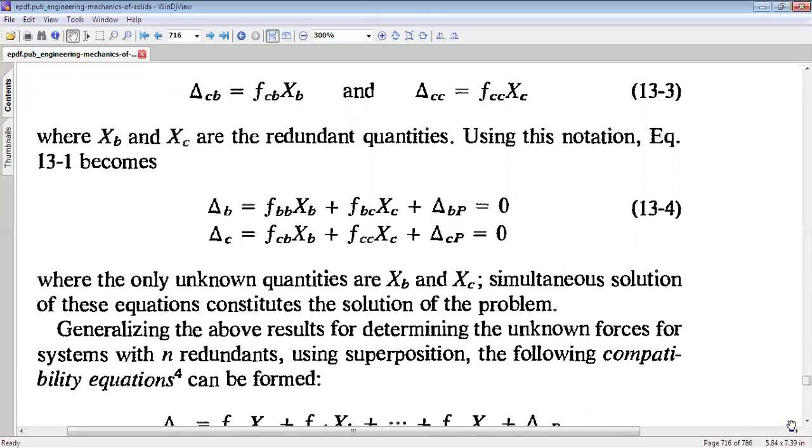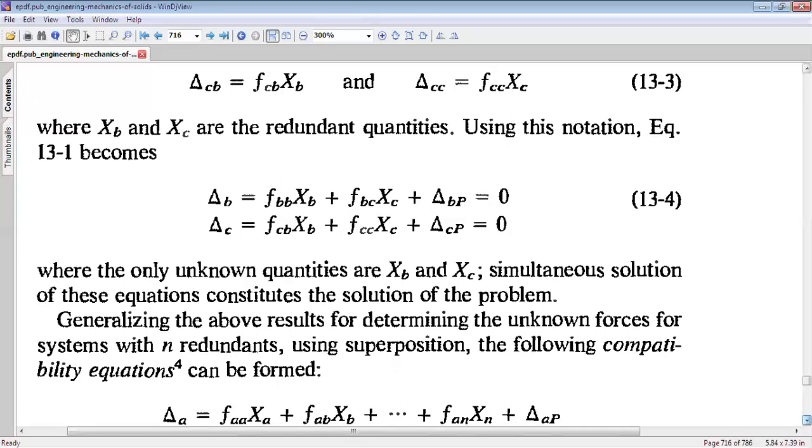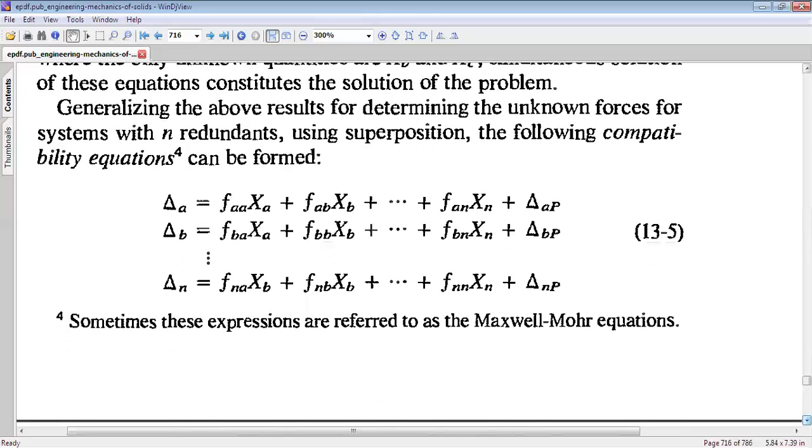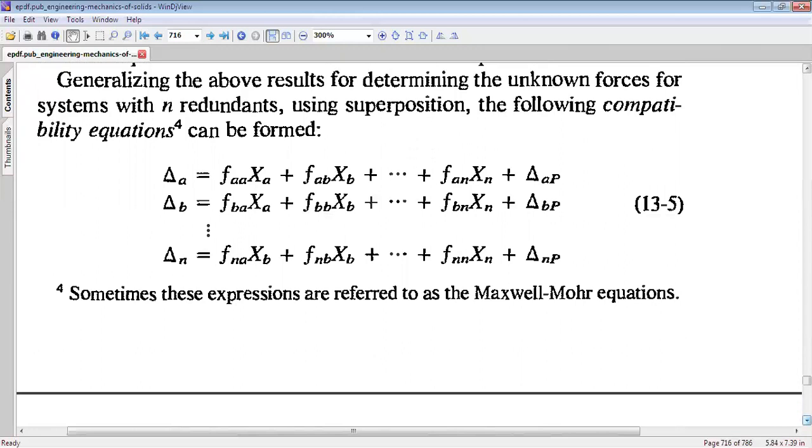Now, generalizing the above results for determining the unknown forces for systems with n redundants, the following compatibility equations can be formed: Δ_A = FAA XA + FAB XB + and so on up to FAN XN + Δ_AP.